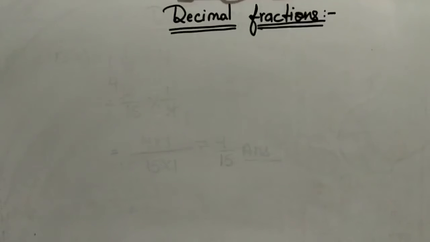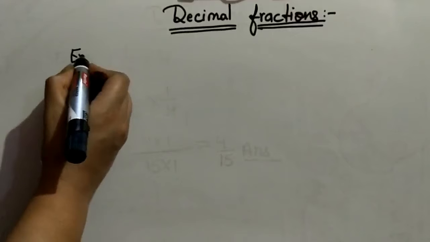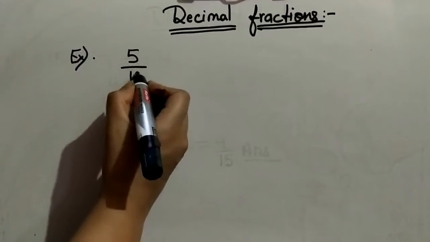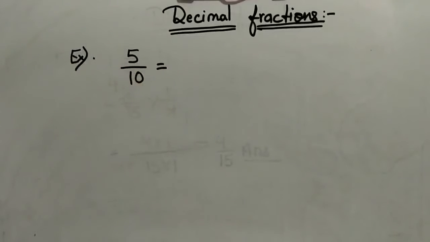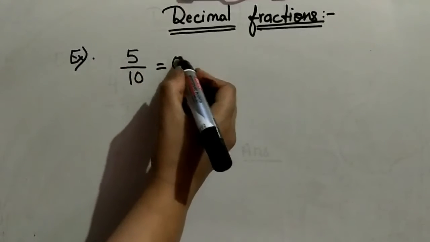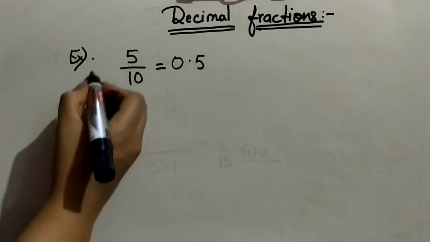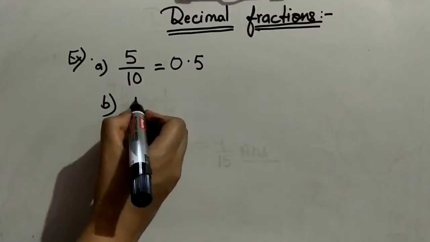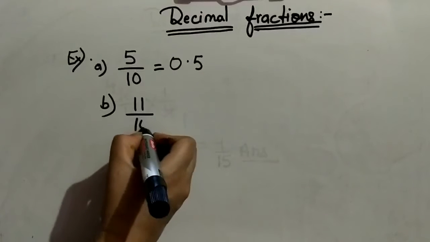Now see some examples here of how to write fractions as decimals. Example, 5 upon 10. So how will we write it as a decimal? 0.5. Like this. Now 11 upon 10.